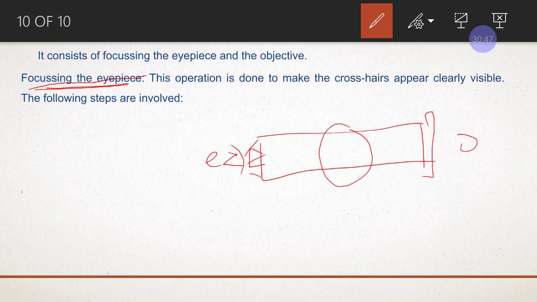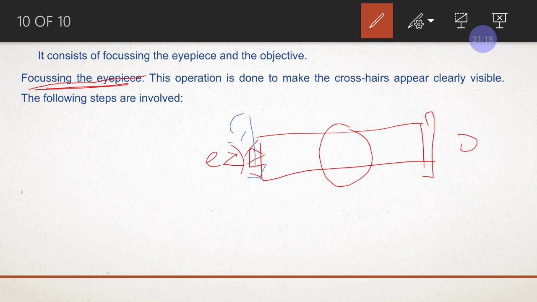So the eyepiece is here, it can also be moved, right? Whenever you are not able to see the crosshairs when you look through the telescope, you are going to turn your eyepiece clockwise or anti-clockwise, right?